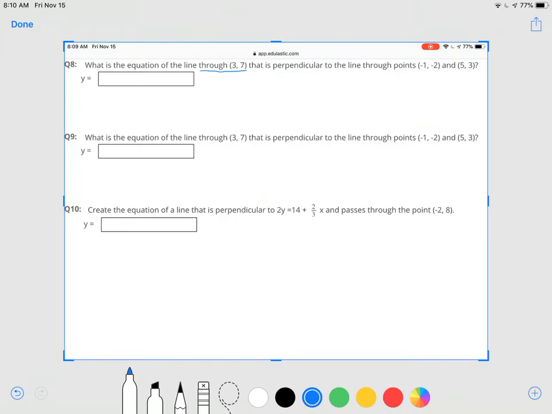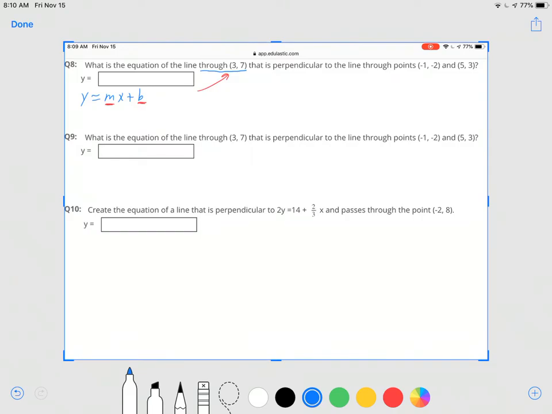We need to know the slope of our line. All right, so our line is going to be y = mx + b. We need to find the slope, and then we need a point that the line is on so that we can figure out what b is. Now, we already have the point that our line is on. It's (3, 7). What we don't have is the slope.